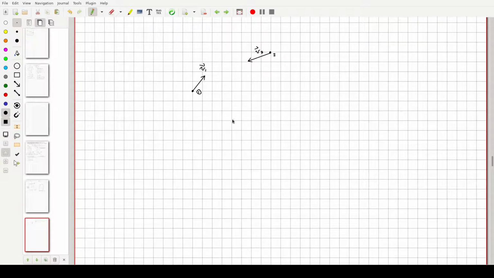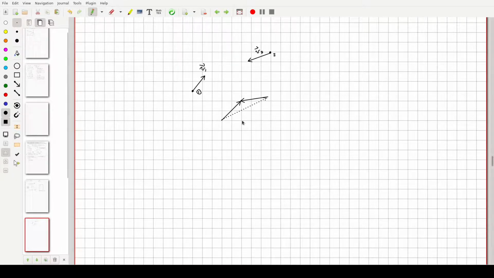So if you put them tip to tail, like this, then this right here describes the towards-each-other motion.